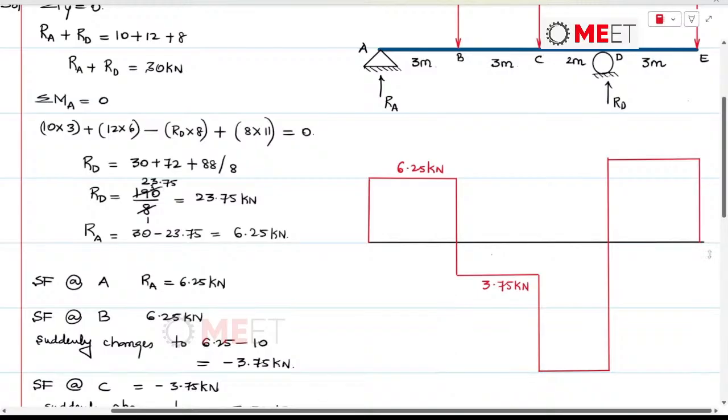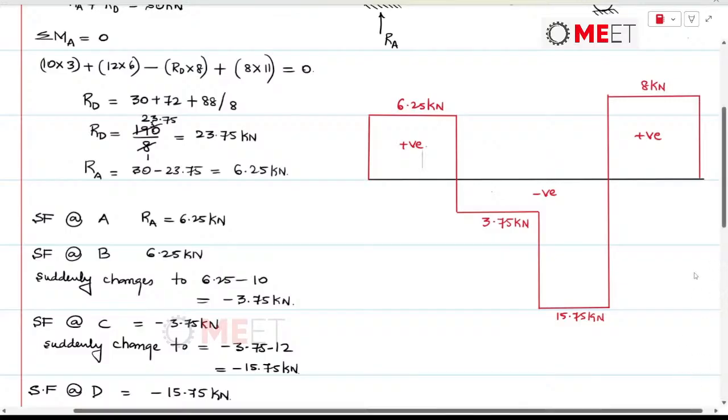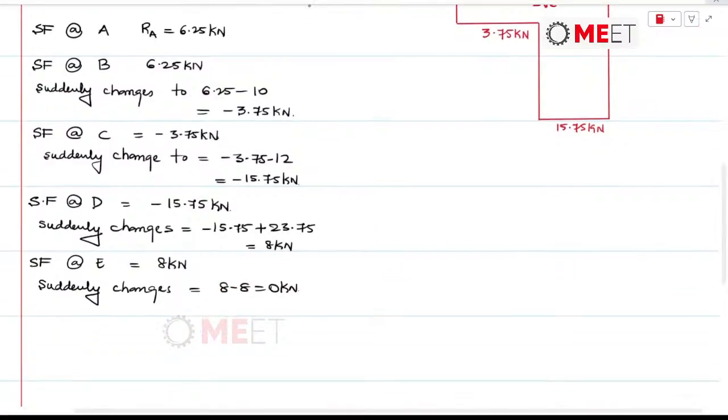This would be the shear force diagram for the overhanging beam. At D we were getting the value as minus 15.75 kilonewtons, and this would be 8 kilonewtons. This is positive, this would be negative, and this would be positive. So we find the transition in shear force happening two times in the overhanging beam, with a single overhang.